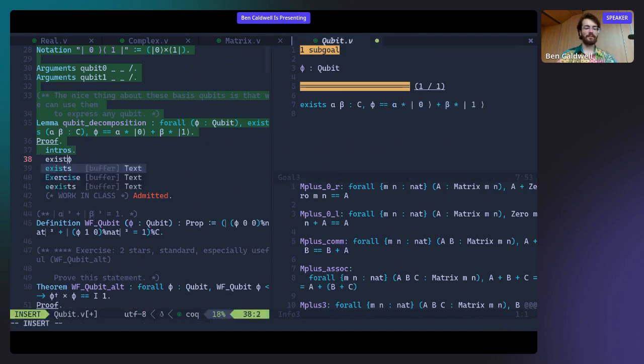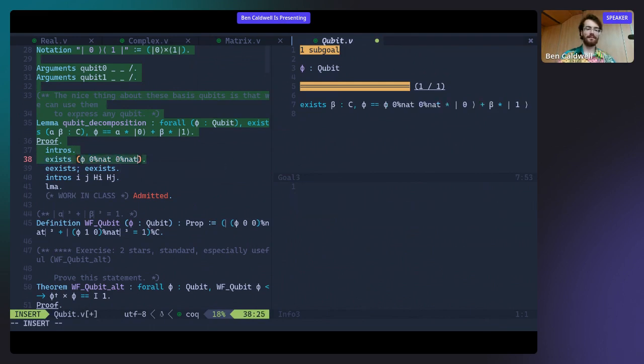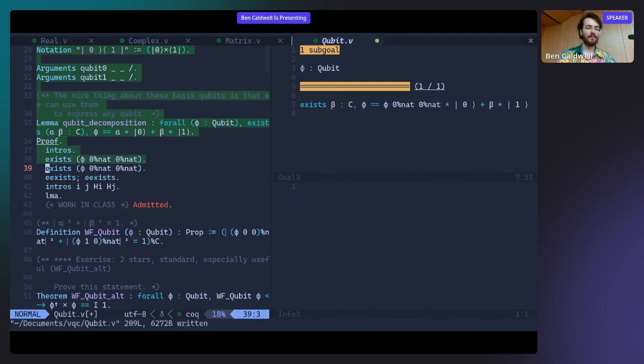In particular, we know that alpha should be phi of 0, and beta should be phi of 1.